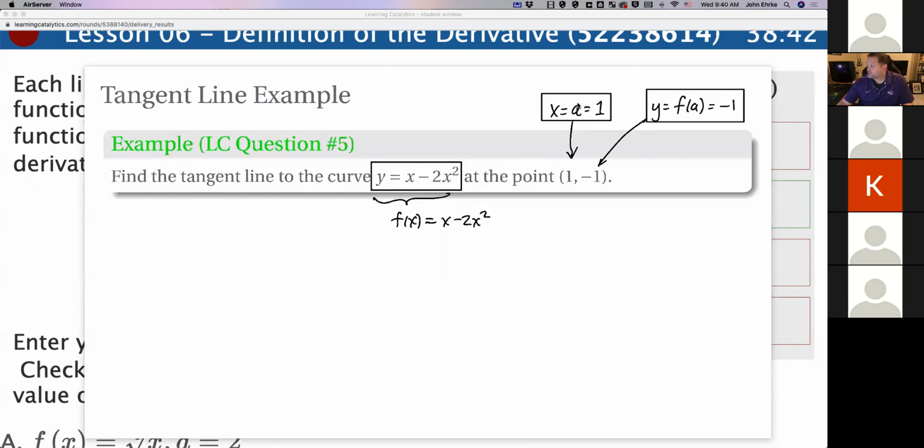So I'm going to use these two pieces of information to determine the slope on this curve at this point. So to determine slope, m is equal to f prime at A, but A on this problem is 1, so I'm wanting the slope at 1.